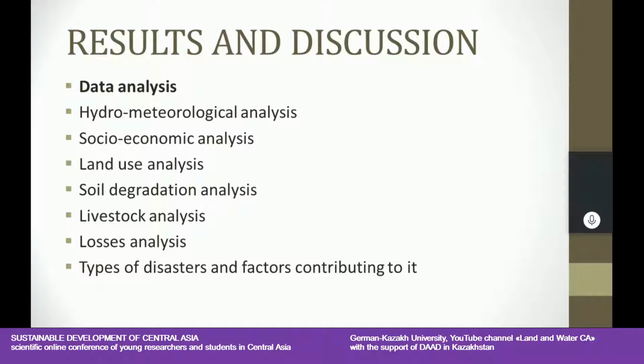So coming to results and discussion, I can say that it was found as data analysis, hydrometeorological analysis, economic analysis, land use, soil degradation, livestock losses analysis, and types of disaster and factors contributing to it.